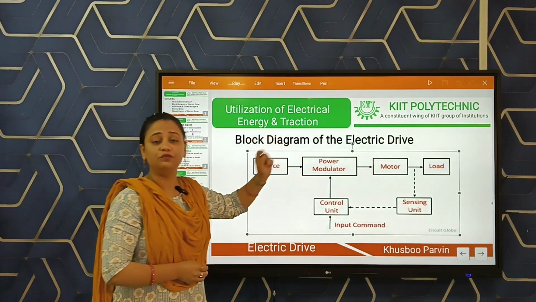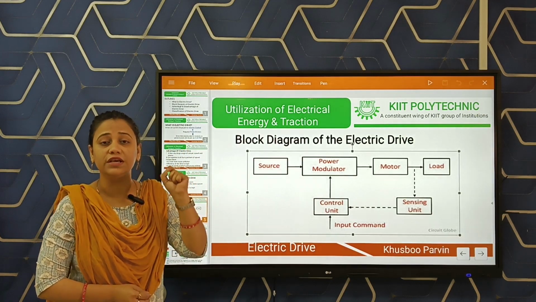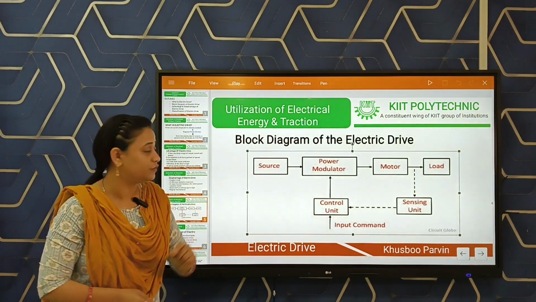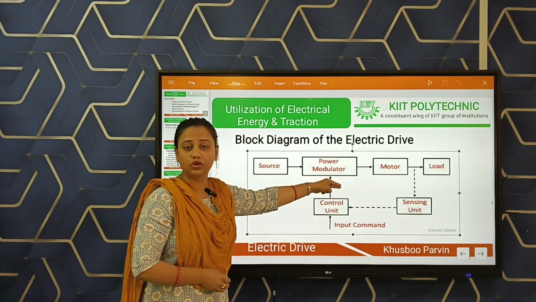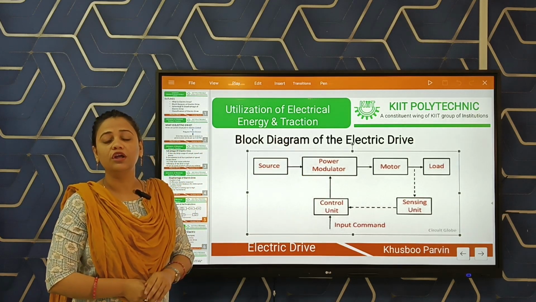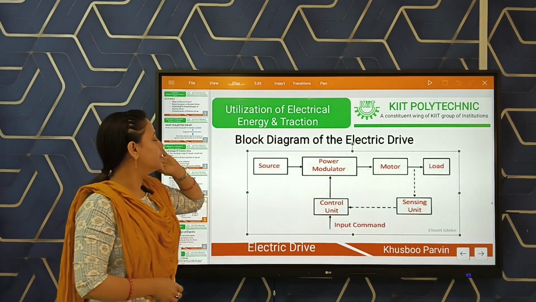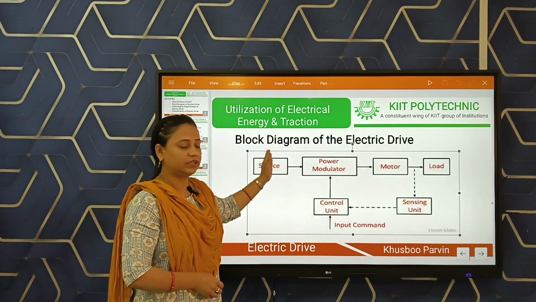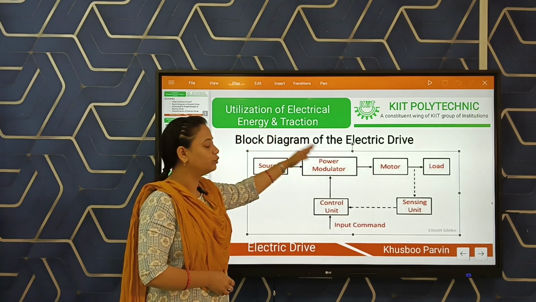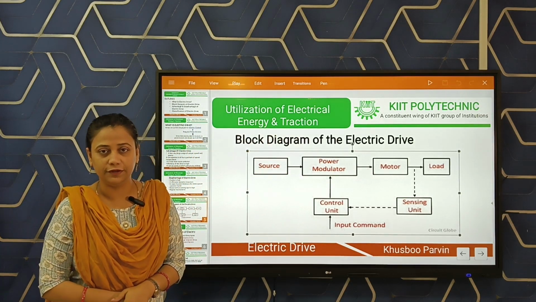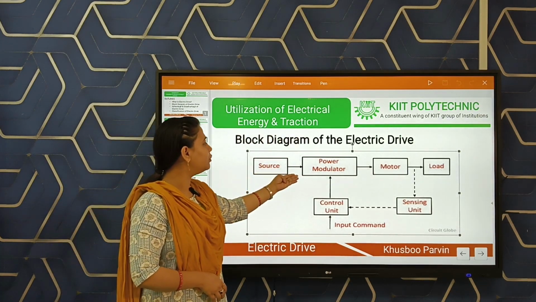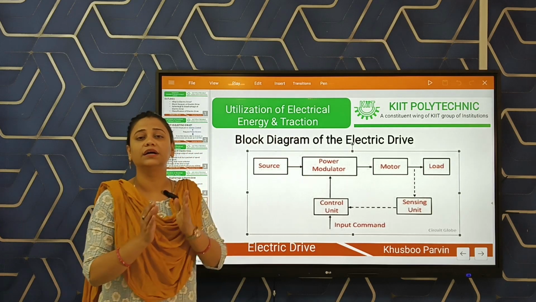The power modulator will restrict the excess amount of current flowing from the source to the motor during the transient period in order to protect the motor from any damage. The power modulator will also act as a converter.